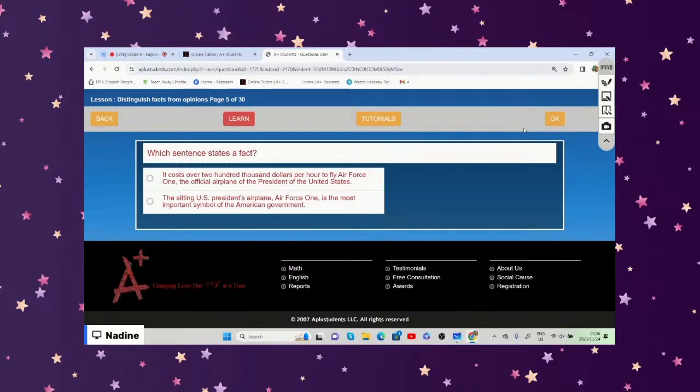So now we chose the first one already. So we need to now state another fact, right? It costs over $200,000 per hour to fly Air Force One, the official airplane of the President of the United States.